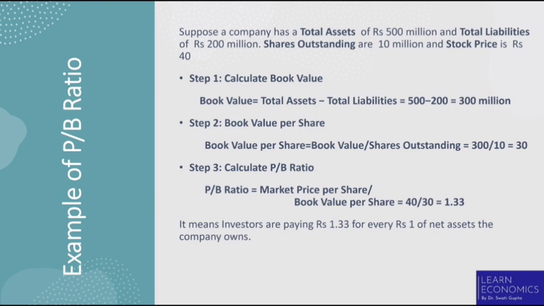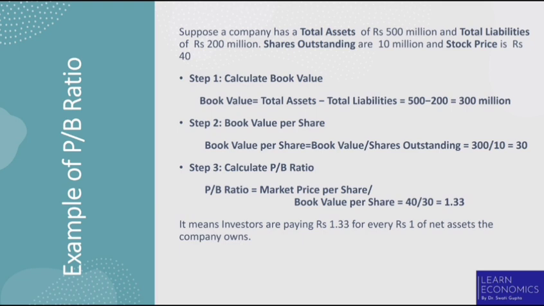After that, we have to calculate the book value per share. Book value per share is equal to book value divided by total shares outstanding. It means 300 divided by 10. Book value per share is rupees 30. Now finally, PB ratio is equal to market price per share divided by book value per share.